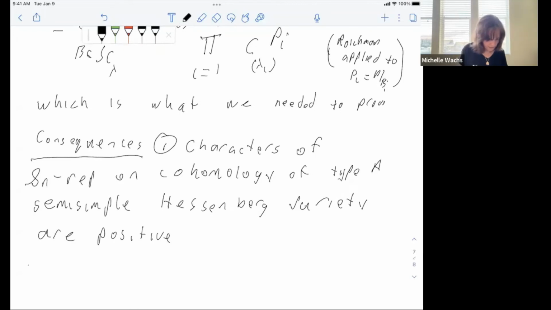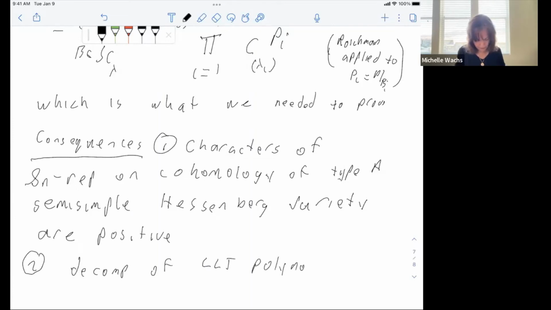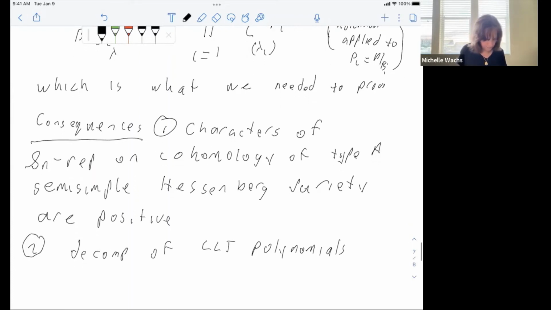And the second consequence is that this also gives a decomposition of LLT polynomials in the P basis. P lowercase p, there are two kinds of P's here, in the power sum basis.